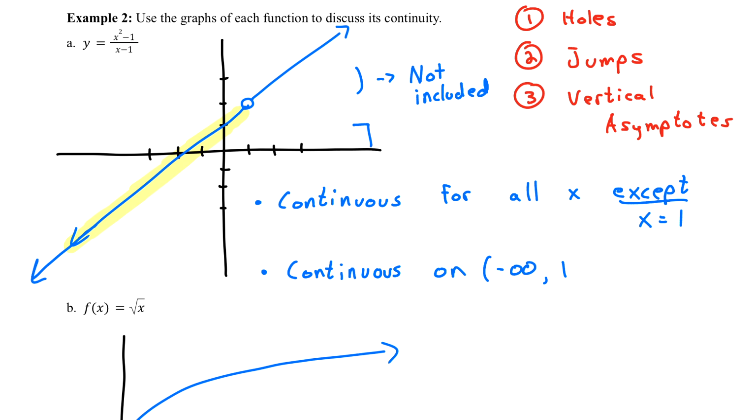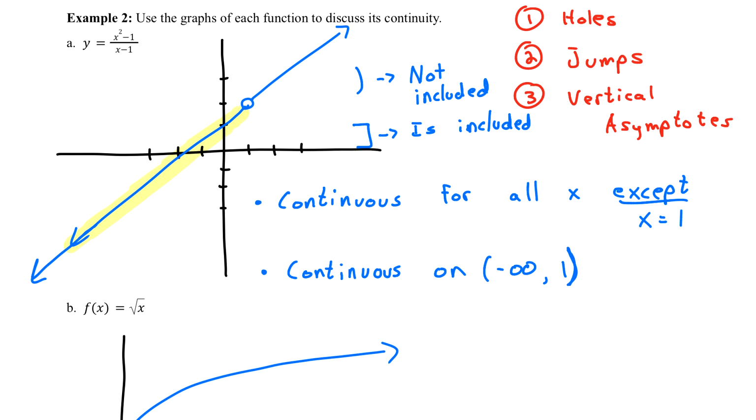If you use a bracket, that means that number is included in your interval. So what I want to ask myself is, when we're trying to determine where this function is continuous, is our function continuous here at x equals 1? Well, no, it's got a hole right there at x equals 1. So that means that we want to use parentheses around 1.